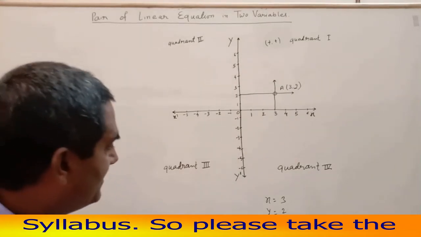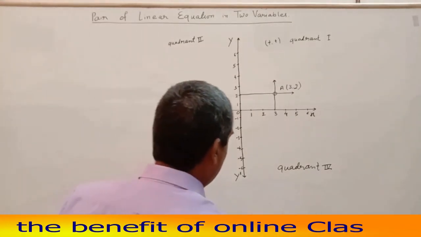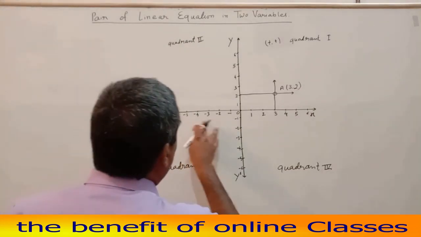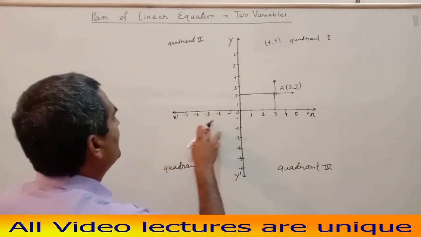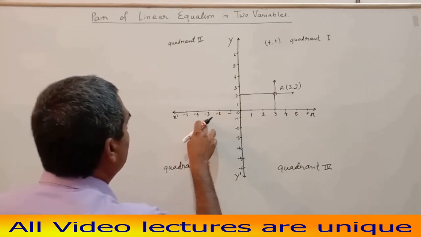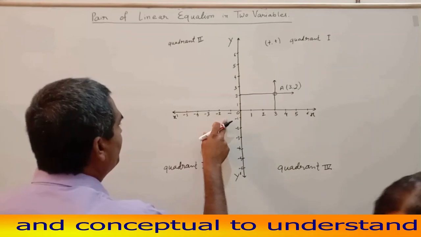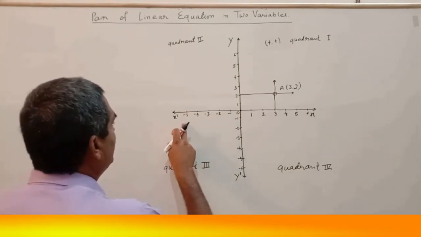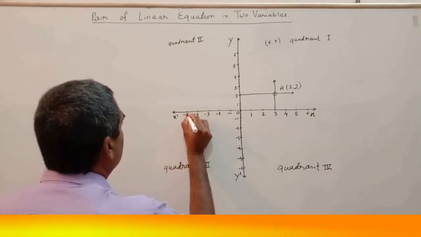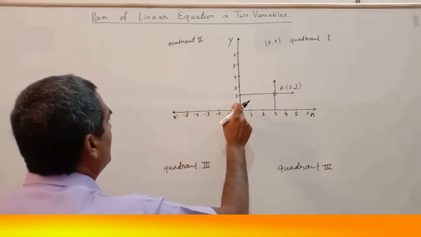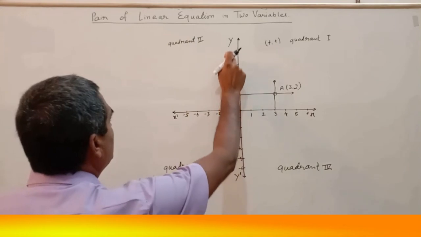Now we will discuss quadrant 2. In quadrant 2, the x-axis has minus values: minus 1, minus 2, minus 3, minus 4, minus 5. And the y-axis has plus values.